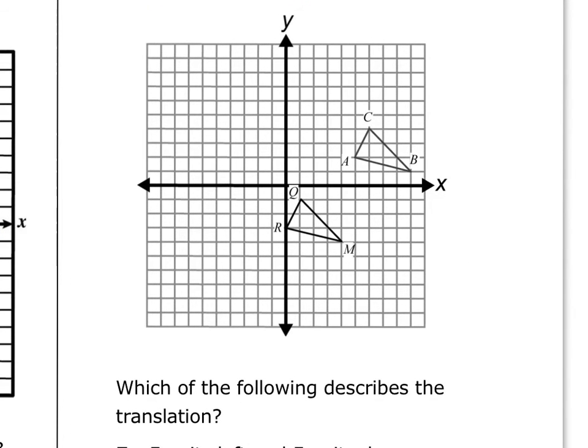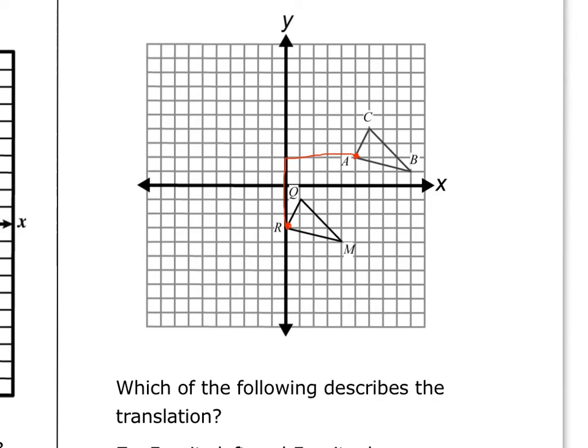Alright, so, just like we just did, if ACB came first, let's pick a corner. We've got A, C, and B, or A, B, and C. Which one do you want to pick? A? Okay, A is the first one I saw. So if we started here, what vertex on RMQ corresponds with A? R. A became R. So now we just need to figure out how we went this way.